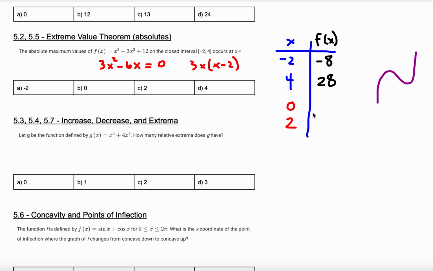Plug in 0, we end up with 12. And we plug in 2 and we end up with 8 minus 12 is negative 4 plus 12 is positive 8. So the winner here would be 4.